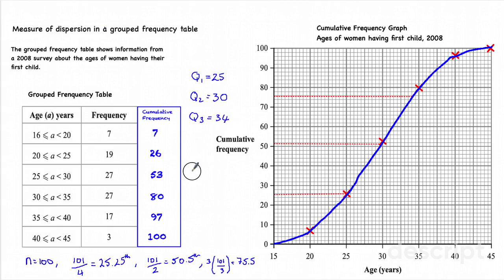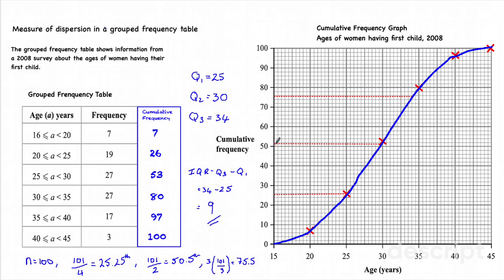So my IQR, my interquartile range, which is Q3 minus Q1, here is 34 minus 25. That value is 9.